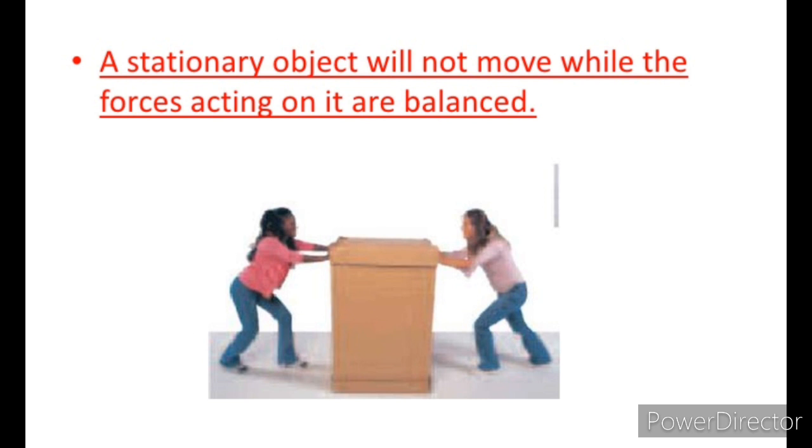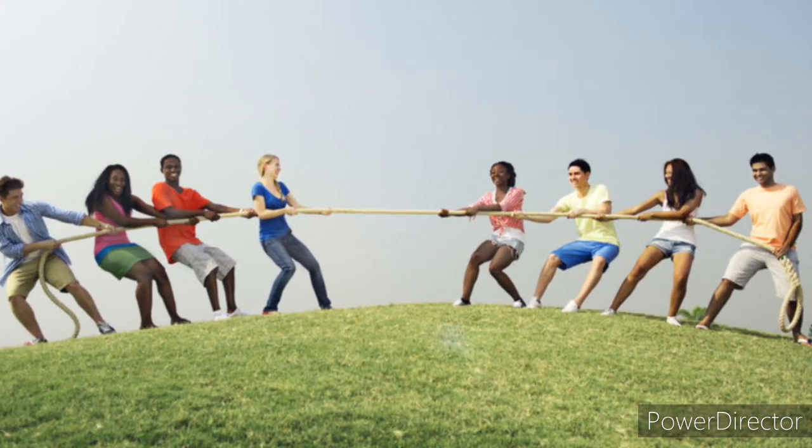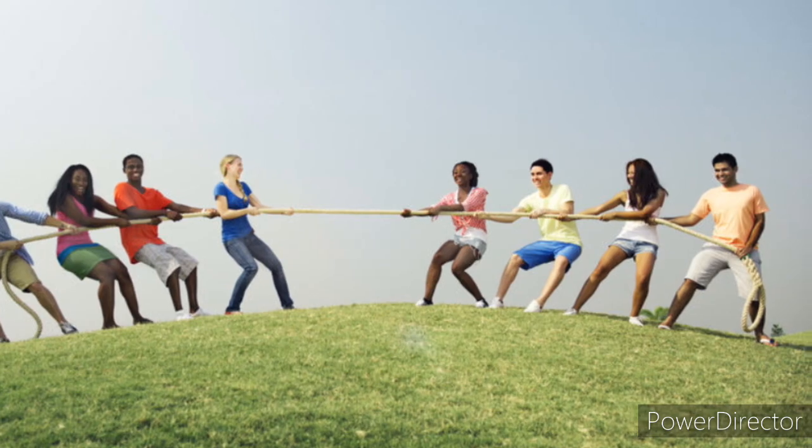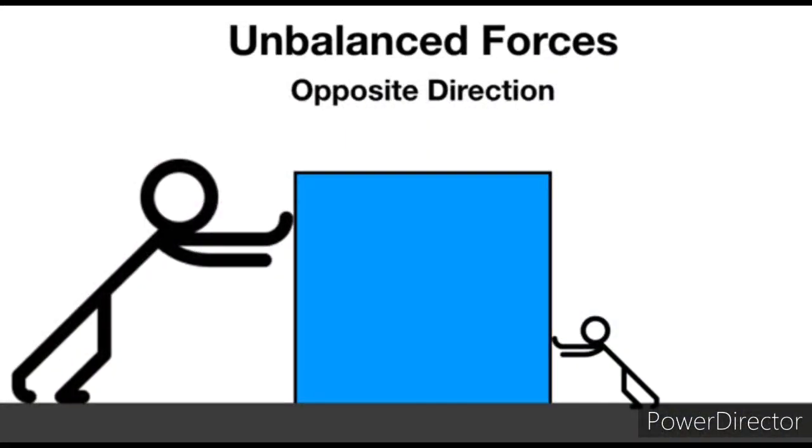Now, take a look at the following examples. Number 1. Two people pushing the box in opposite directions. This example is balanced force because the forces exerted in the opposite directions are the same. Number 2. Tug-of-war of the same number of persons. This is also a balanced force. Number 3. Pushing a box in an opposite direction by two people but different sizes.